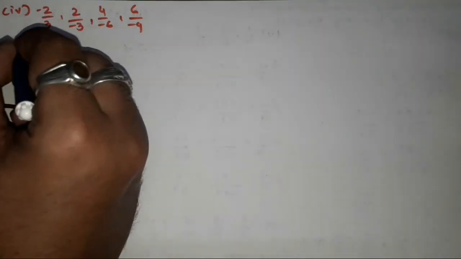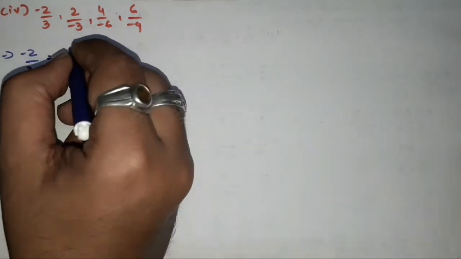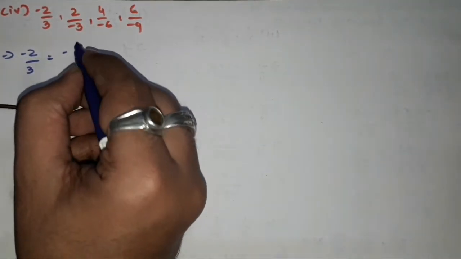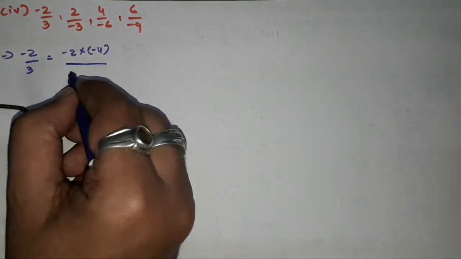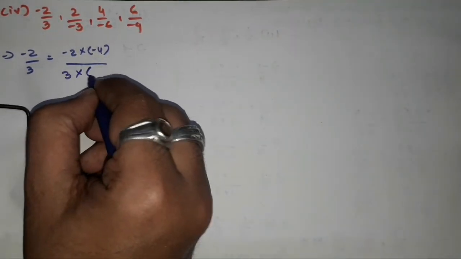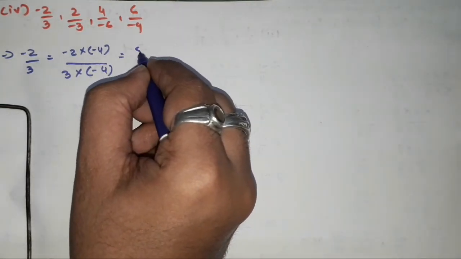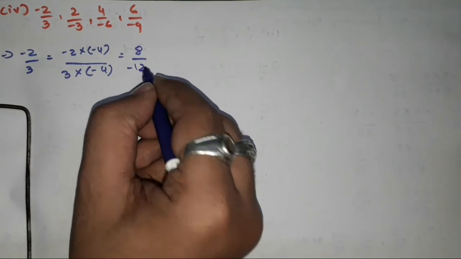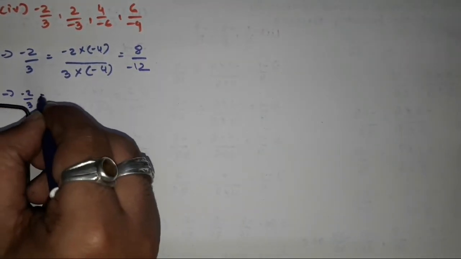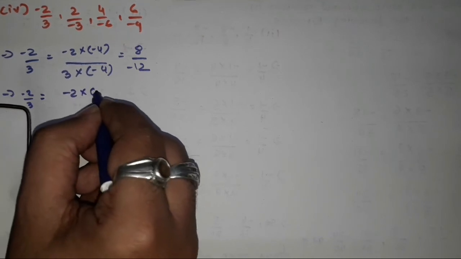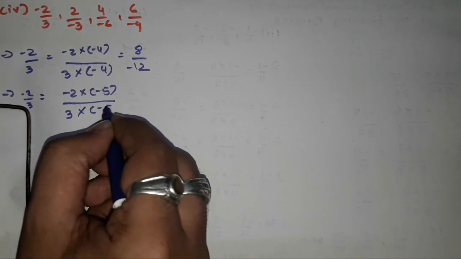So here we can write that the next number, minus 2 upon 3, is equal to minus 2 multiplied by minus 4 upon 3 multiplied by minus 4. So minus 2 into minus 4 I will get positive 8 upon minus 12. Similarly the next one, minus 2 upon 3 is equal to minus 2 multiplied by minus 5 upon 3 into minus 5.